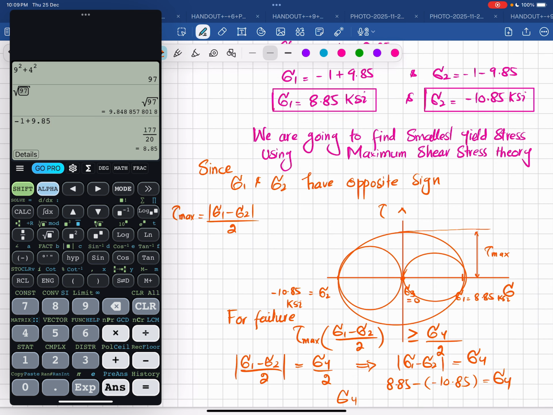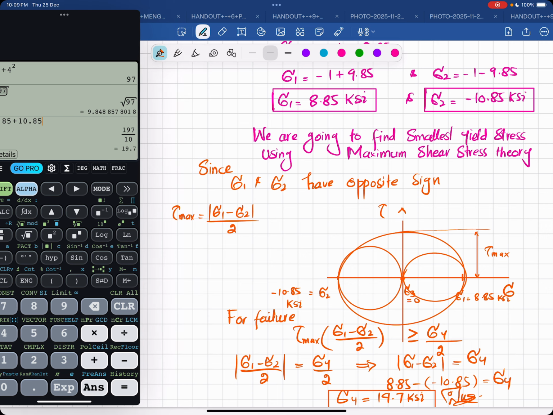At the end, you will get sigma yield equal to 8.85 plus 10.85, and that is 19.7 ksi, which is our required answer. This is the smallest value of yield stress that can be used for this problem.